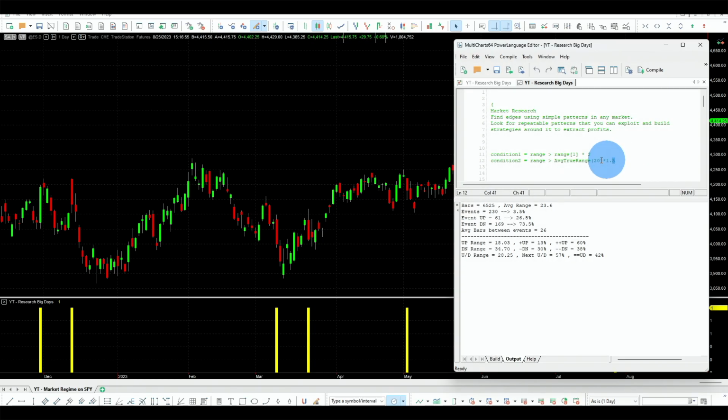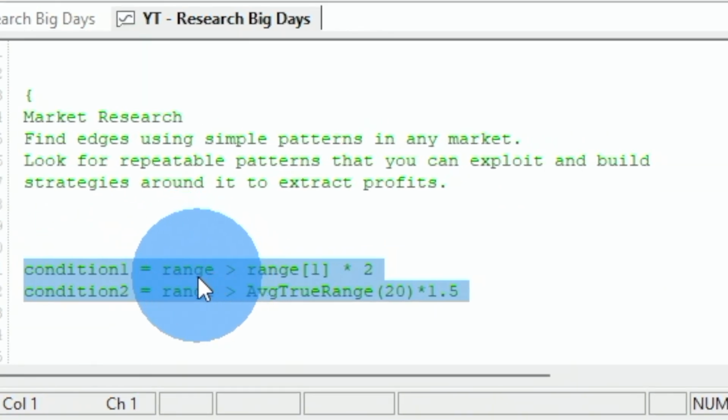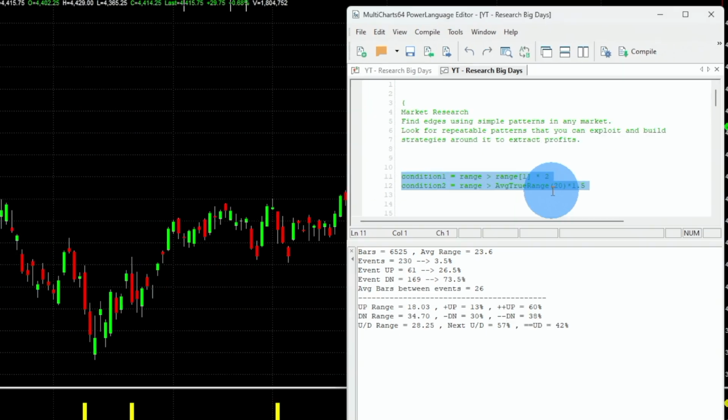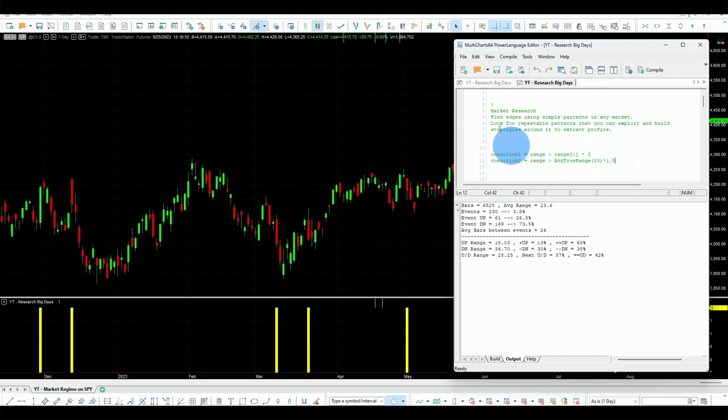So this is how I quantified the pattern, which is when today's range is at least double the previous range, and also today's range is greater than 1.5 times the average true range of the last 20 bars. And this indicator will plot these stats.